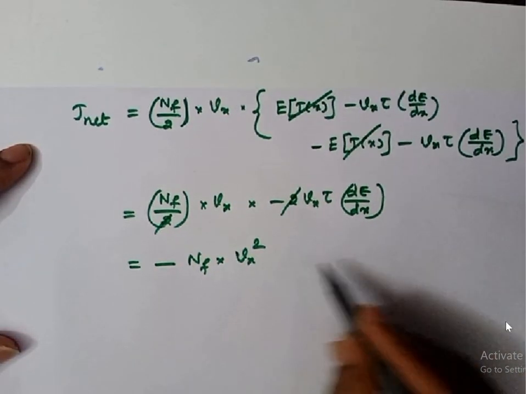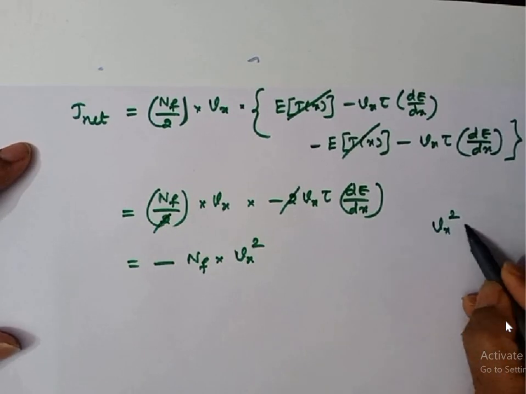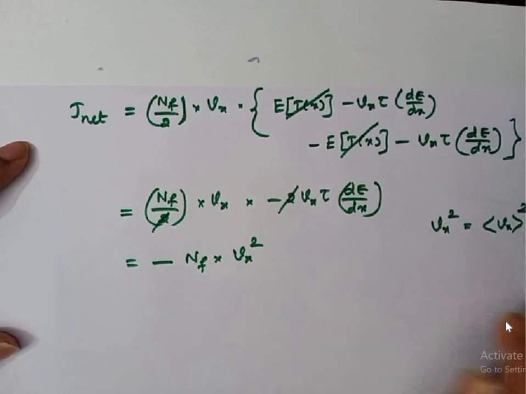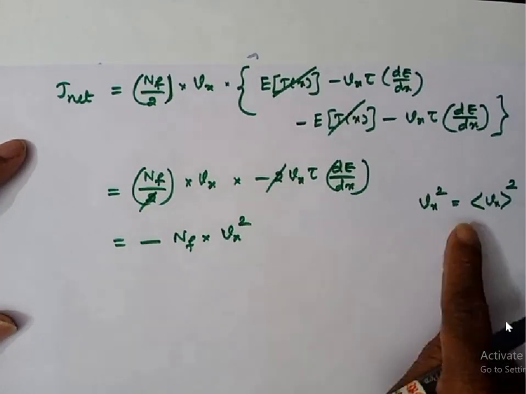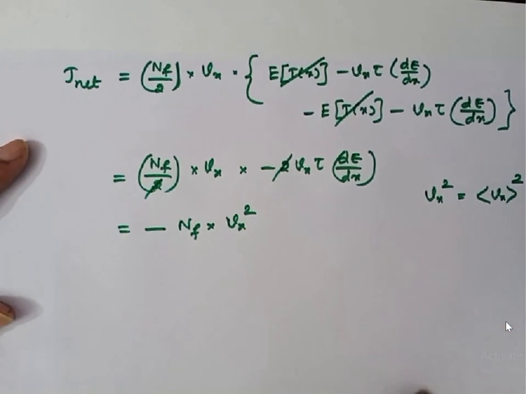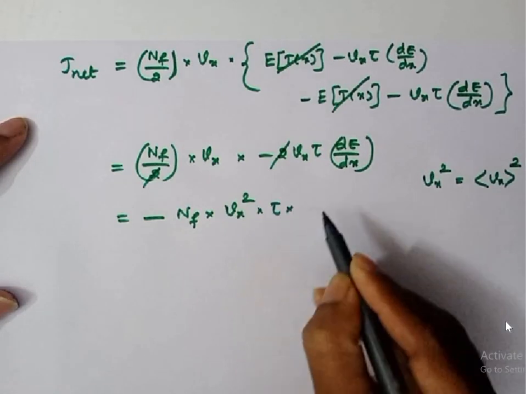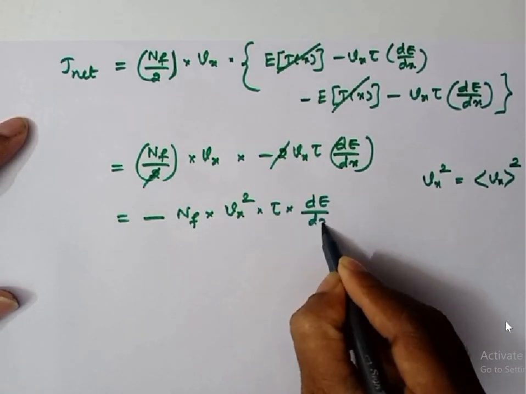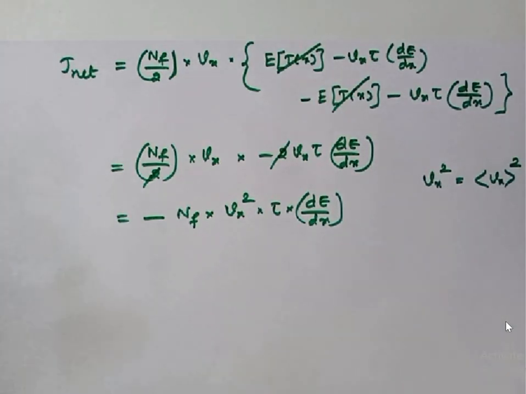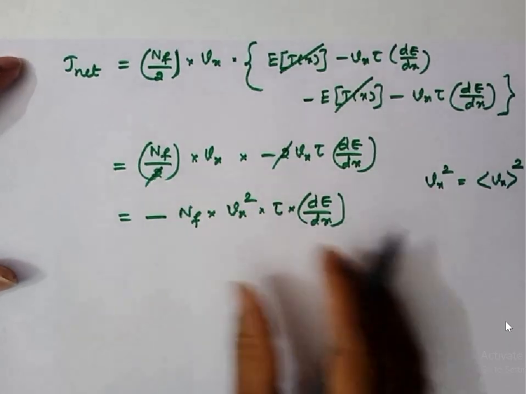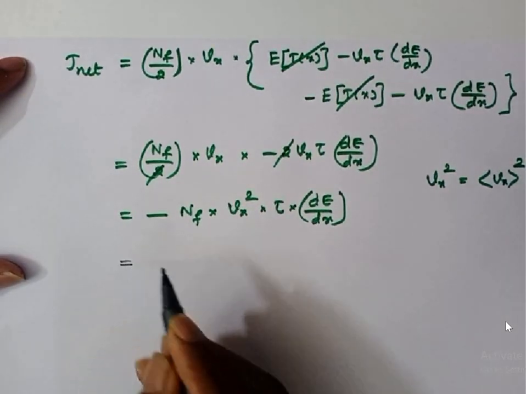Remember this Vx square is actually the square of the average velocity of the electron. Right now this is the meaning, into tau into dE by dx. Clear? This is the net heat flux that occurred at the position x. Now let me make some more changes here.